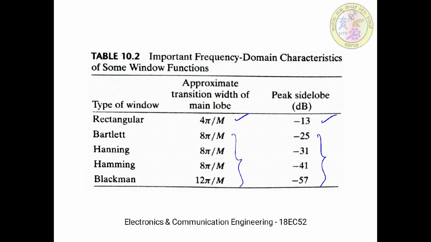So in design problems where we are asked to choose a proper window function for the given specification, like designing an FIR filter with the side lobe around minus 30 dB, depending on the given side lobe value you can choose a corresponding window, whichever is closer to the given values, so that the main lobe width and the corresponding window function can be chosen.